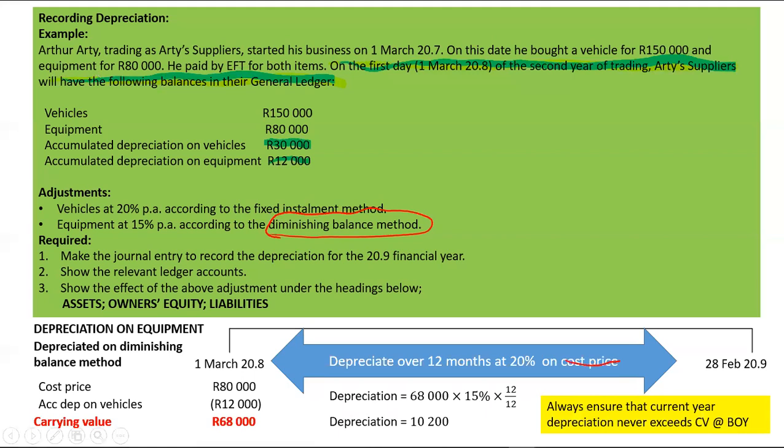financial year. Okay, we did see that depreciation on vehicles for the current year is 30,000. Depreciation on equipment for the current year is 10,200. My question to you is, what is the total depreciation for the current year?